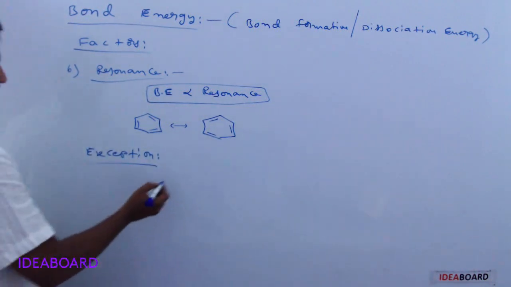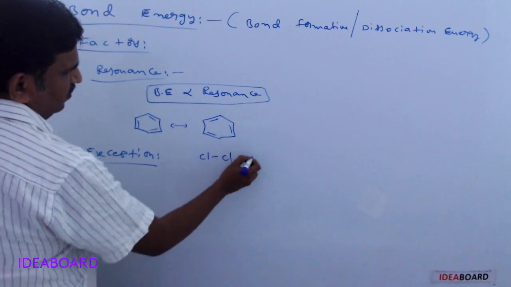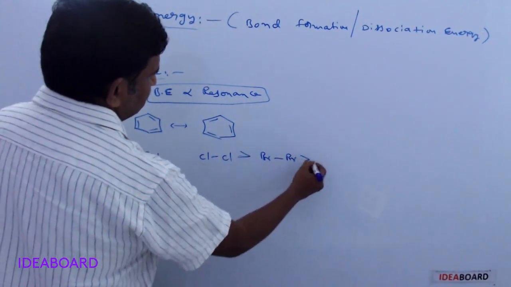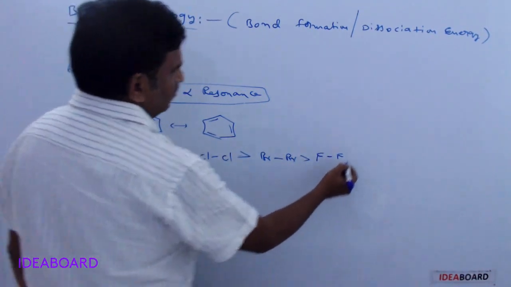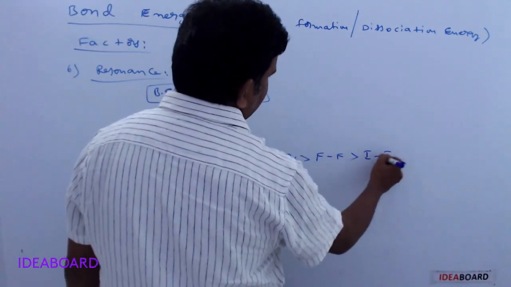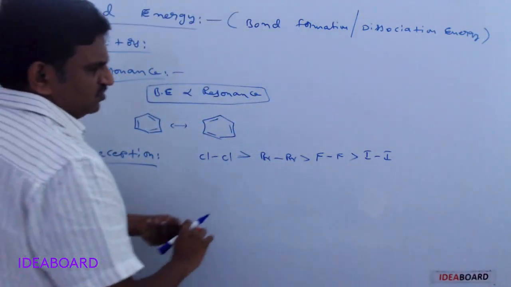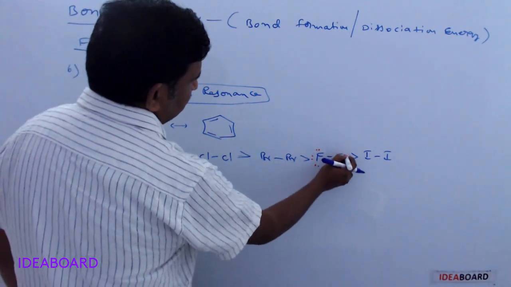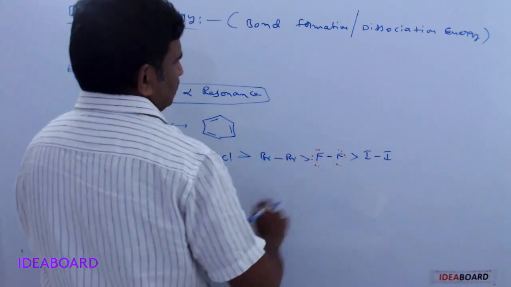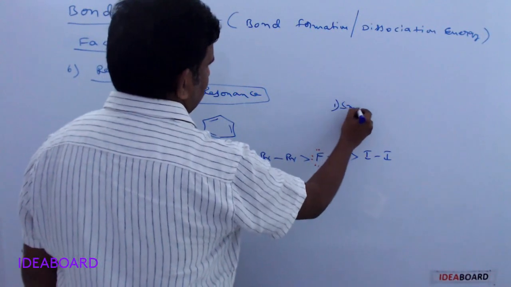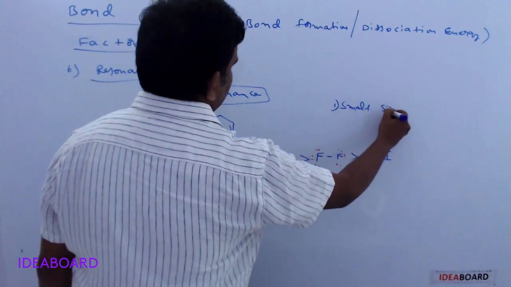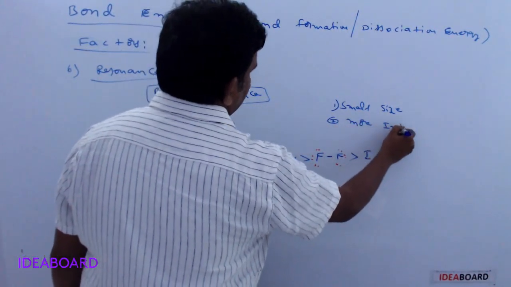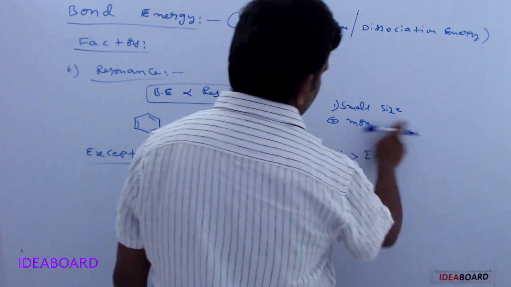There is one more exception. Actually, chlorine bond energy is more than bromine, which is more than fluorine, which is more than iodine bond energy. Remember two reasons: small size, and more inter-electronic repulsions, meaning lone pair repulsions.